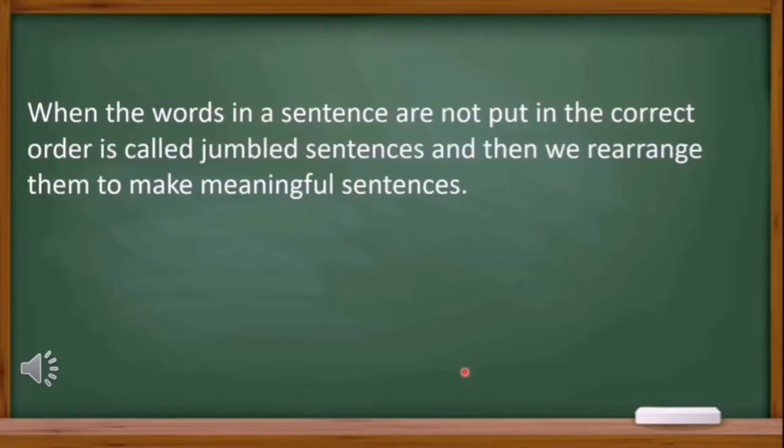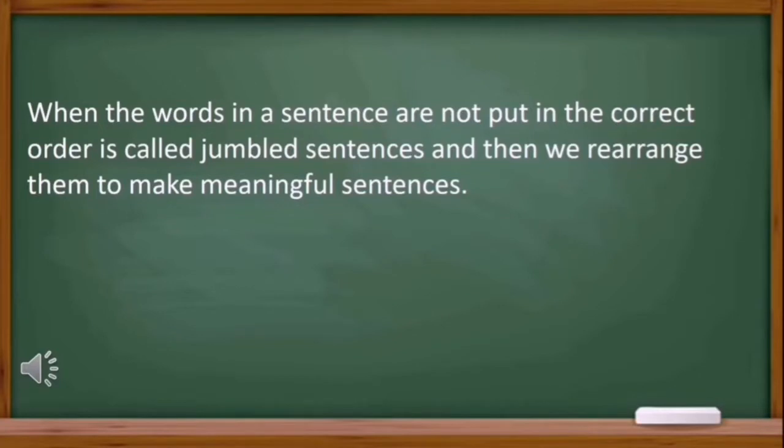So, in the case of rearrangement, maybe you have a question in your mind: what is actually rearrangement? It is when the words in a sentence are not put in the correct order, which is called jumbled sentences, and then we rearrange them to make meaningful sentences.